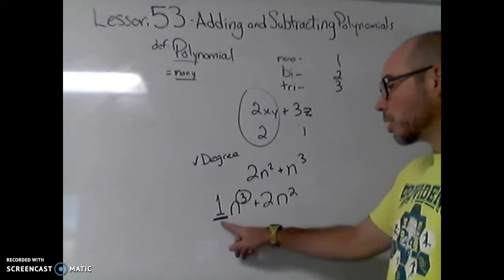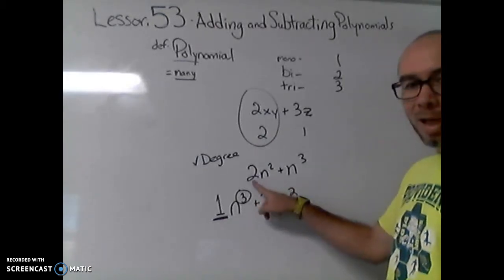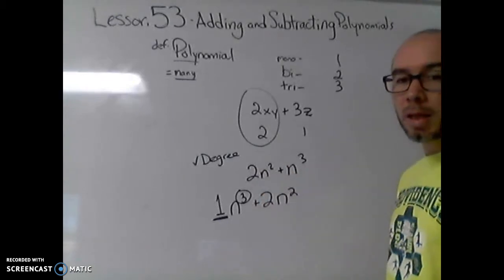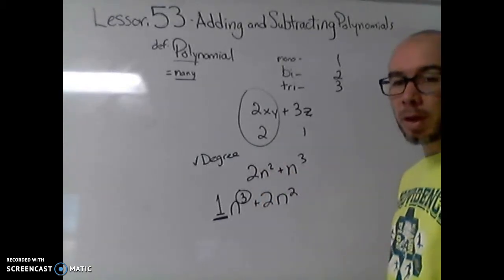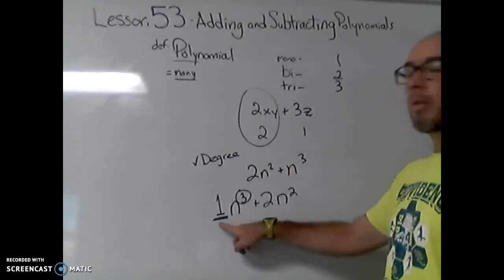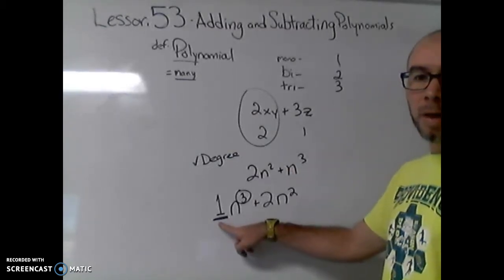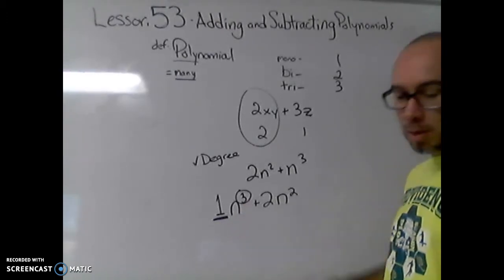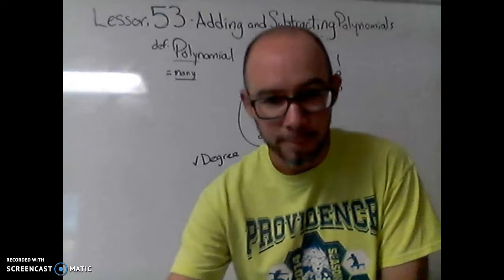So that's another thing you want to identify. The lead coefficient is not 2. We have to arrange these things in the right order first, from biggest to smallest powers, and then we look and see what number is sitting in front, and there is your lead coefficient of this binomial, which has a degree of 3.